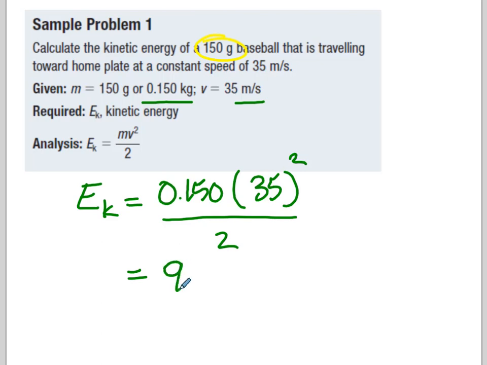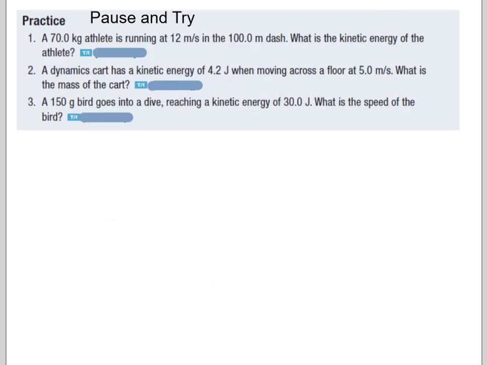So we would have 91, let's just say 9 joules. So please make a note. That squared term right there is probably the single most popular mistake people make with kinetic energy. It's just really easy to forget it. Please don't.